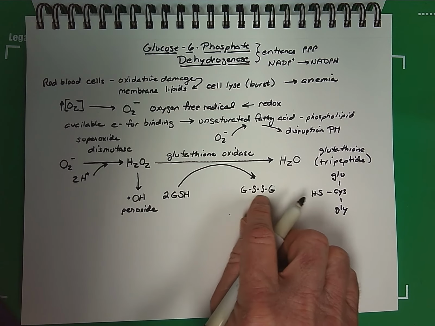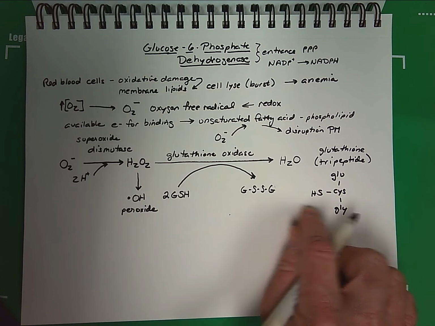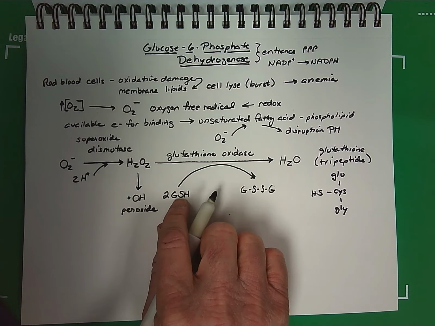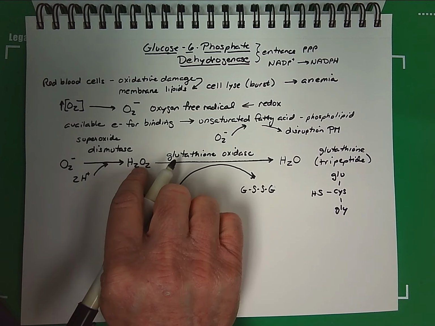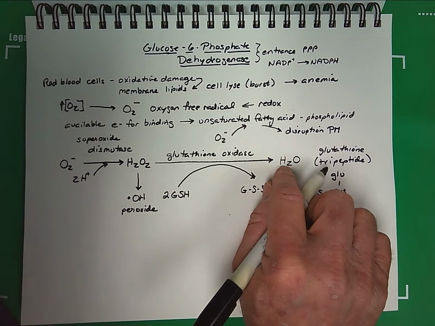So we are combining 2 glutathione tripeptides in a disulfide bridge, and in doing so we're transferring these electrons to peroxide ions to generate water.